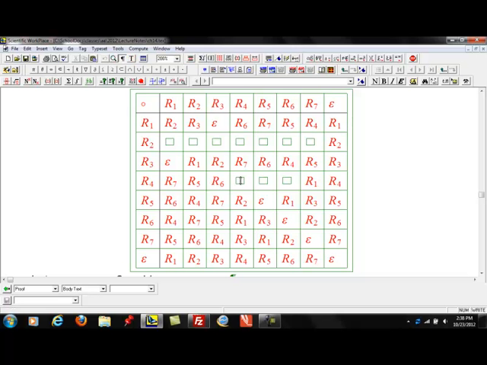4 is the identity. And then R5, R4. I think there's R2. I think this is R2 right here.